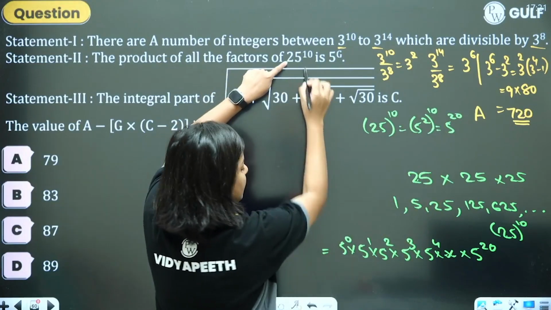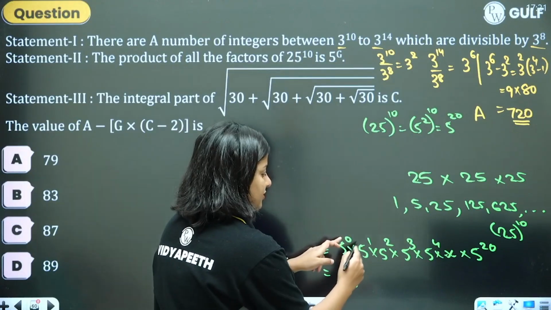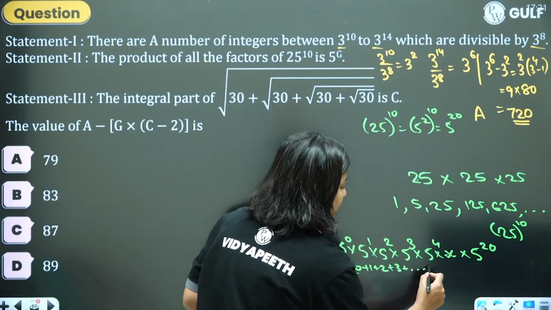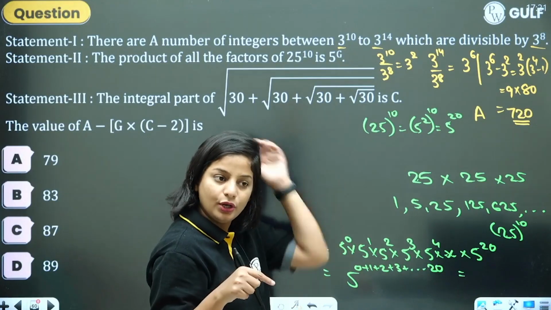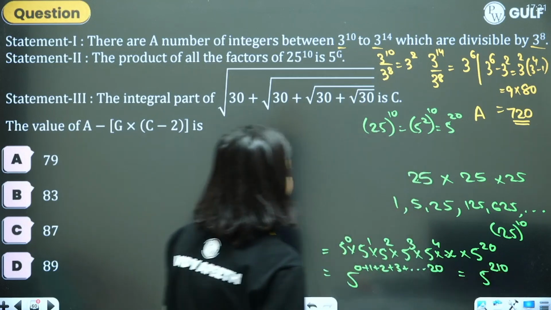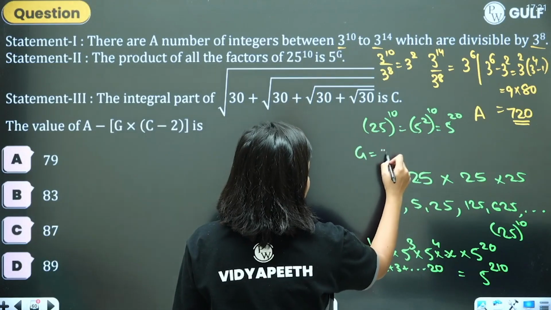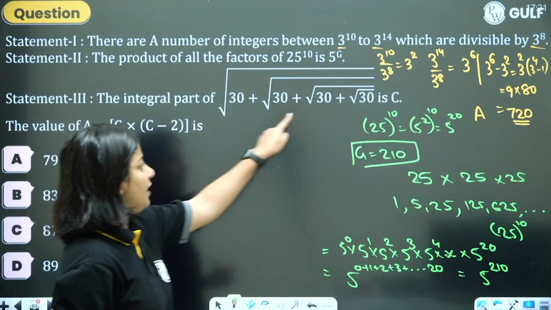So the product will be 5 raised to 0 plus 1 plus 2 plus 3 plus till 20. Now AP formula, sum of first 20 numbers is 20 into 21 by 2, 210, so 5 raised to 210. The value of G is 210, bachcho. Next, third part.